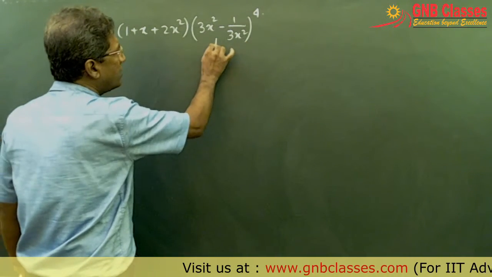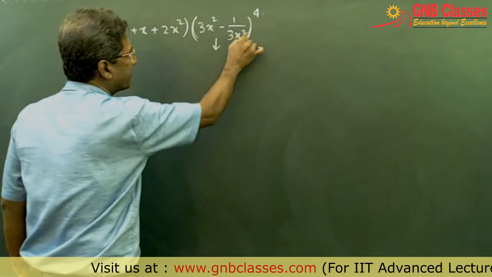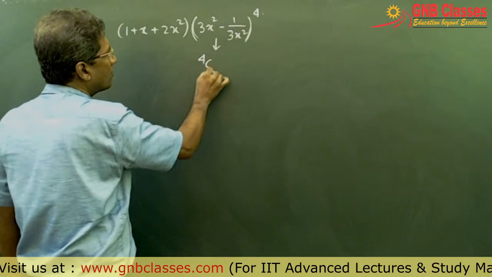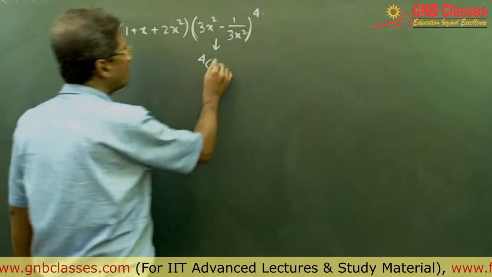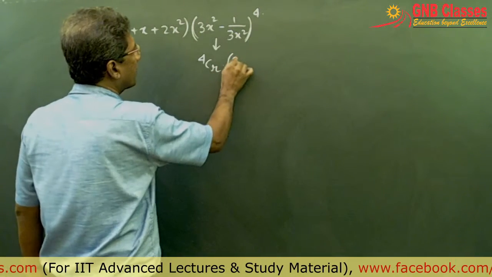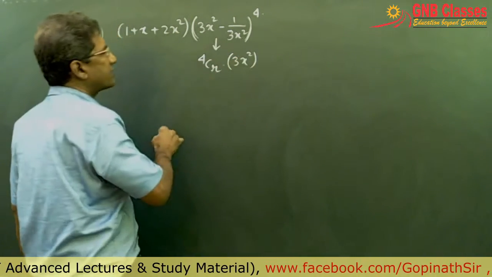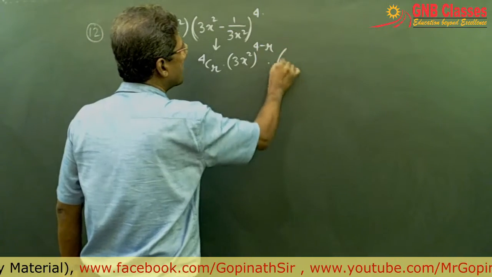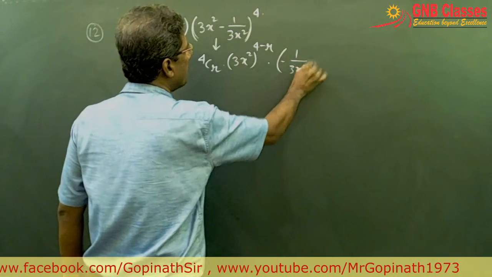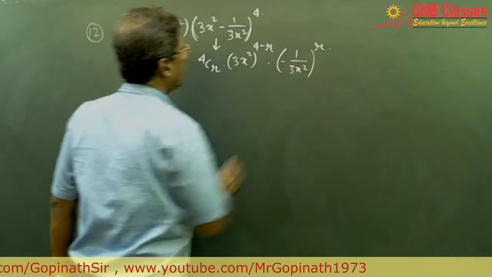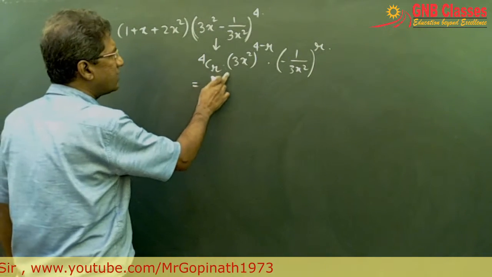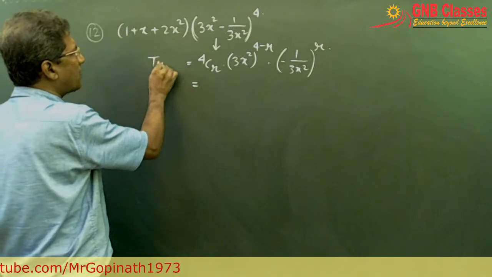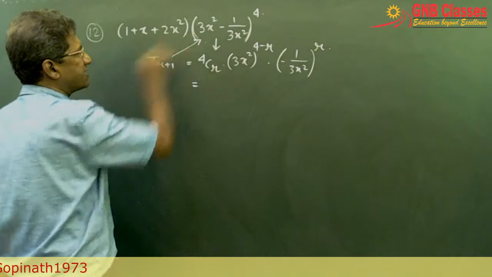Now, what is the general term for this expansion? It will be 4CR (3x square) whole to the power 4 minus r into (minus 1 by 3x square) whole to the power r. So what we are getting? This is the general term, which is your (r plus 1)th term for this expansion.